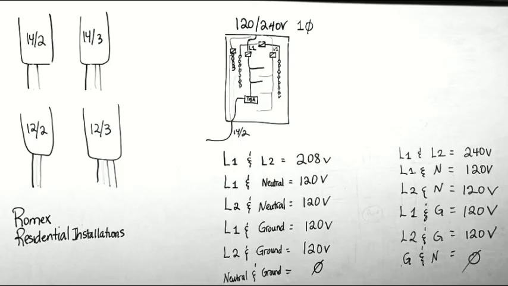So this is how we would run them if we're using a raceway, and this would be a commercial installation. Romex is what we use in residential installations, all right? So does anybody have any questions? Romex is what we're going to be using when we wire residential installations.